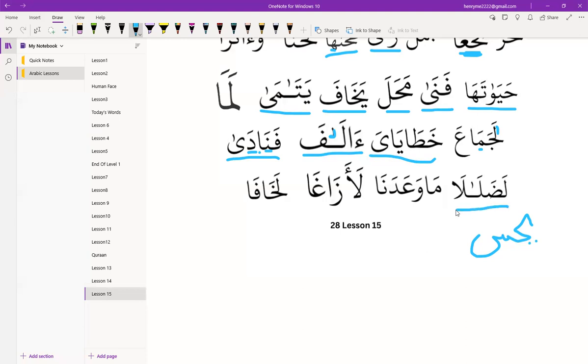Now this word here, this will be la la la la. We have two letters doubled, the fatha doubled here, and for the la also doubled because we have alif here with no hamza, so it will be doubled as well. Now this one here, ma wa'adana.